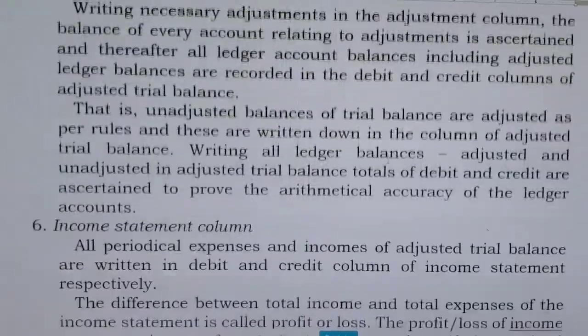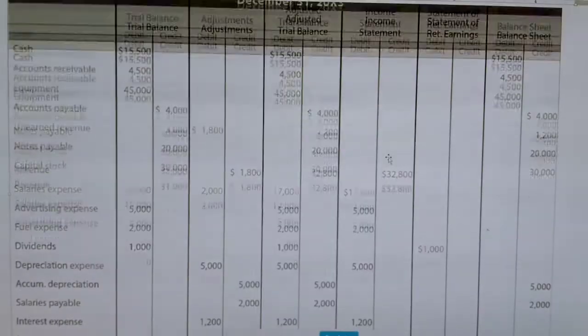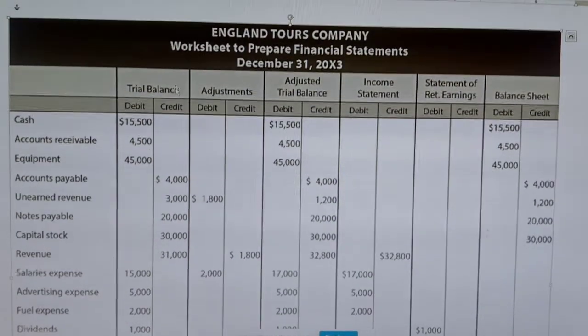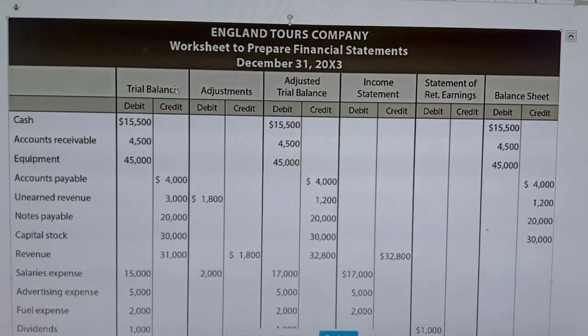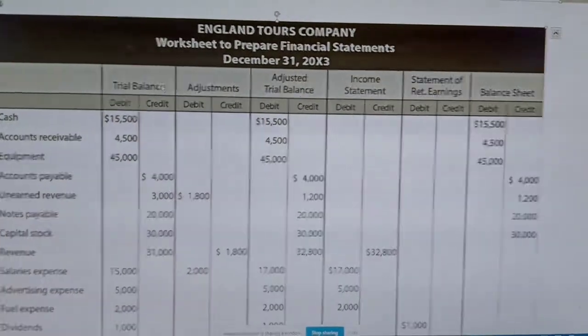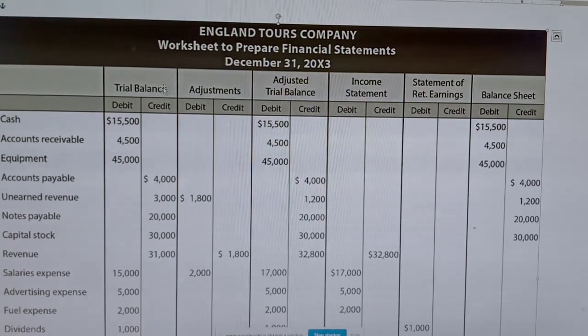So, sa step 2 natin, ang kailangan natin gawin ay paglalagay ng mga accounts like trial balance, adjustments, the adjusted trial balance, income statement, statement of retained earnings, and then balance sheet. At paglalagay po ng debit and credit column under sa mga accounts na yon. Okay? So, yun po yung ating step 2.